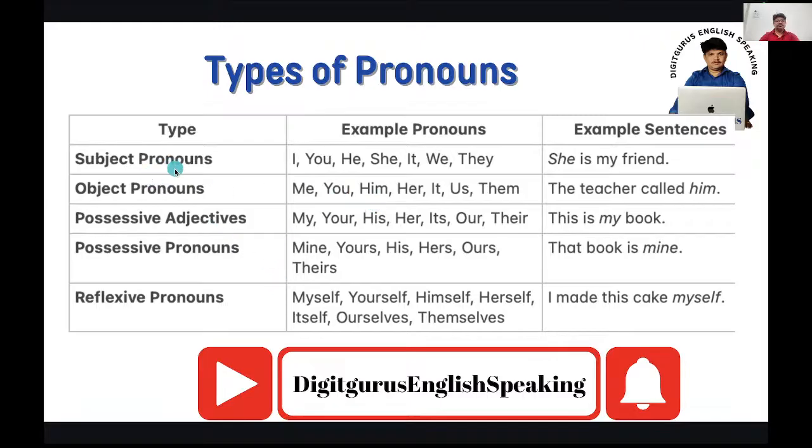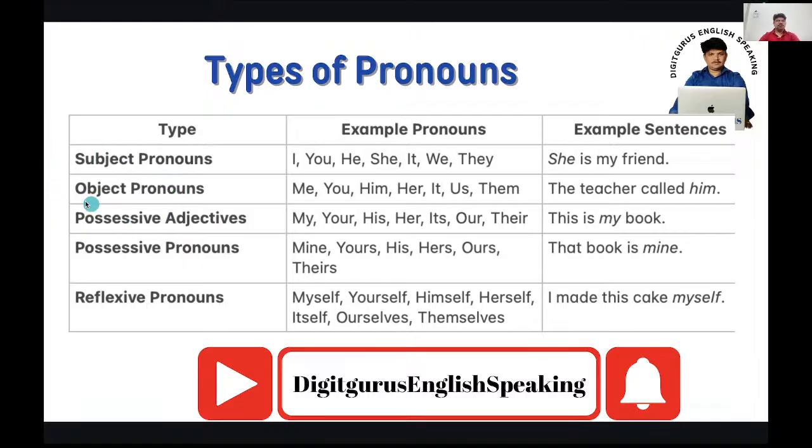When the pronoun is used as the subject in our sentence, we use a subjective pronoun. Example: she loves coffee.